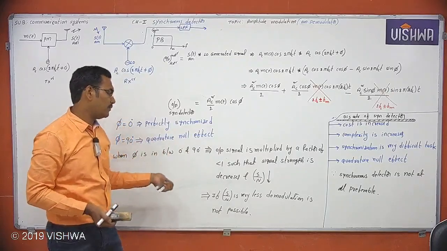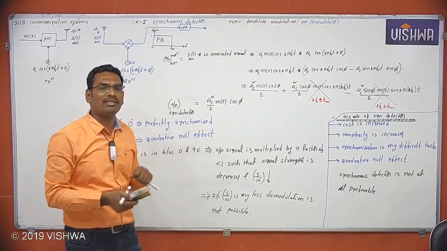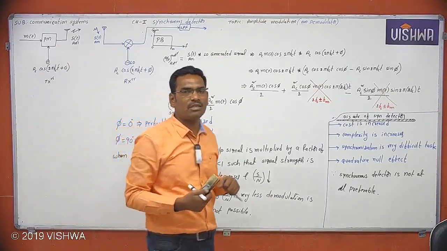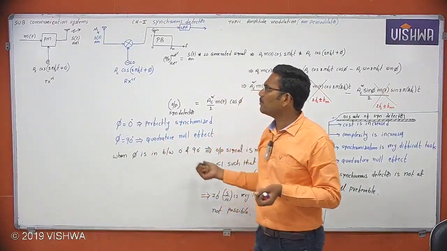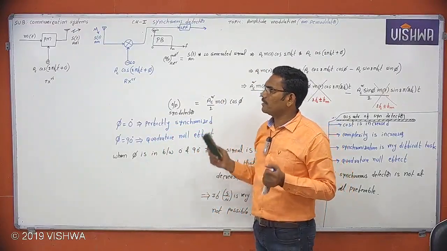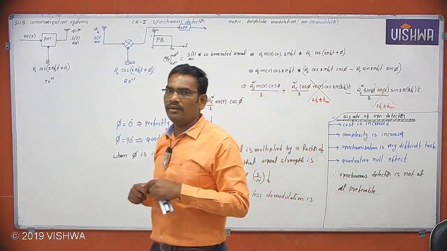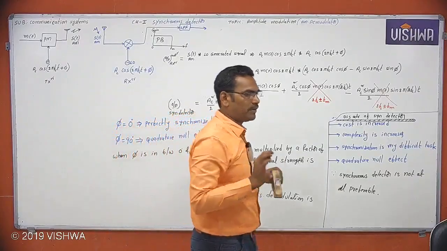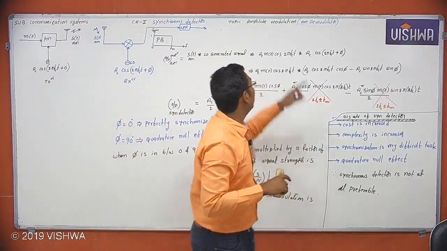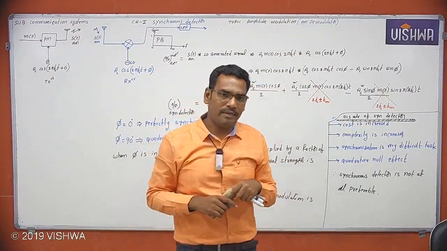So these are the problems we face with the synchronous detector. Keeping all these points in mind, we never prefer the synchronous detector practically. The practically preferable method for demodulation of AM, the best one, is only the envelope detector. Okay, no doubt.